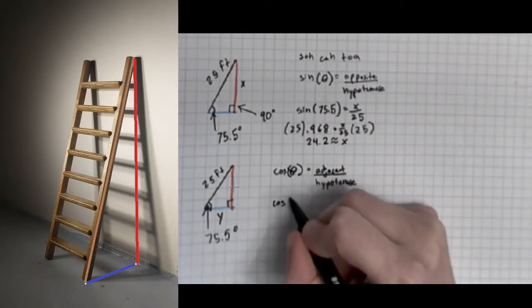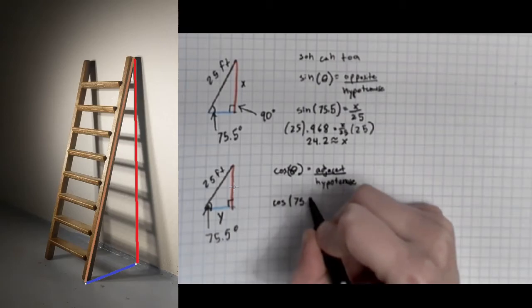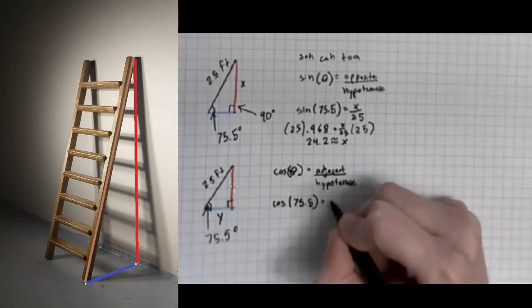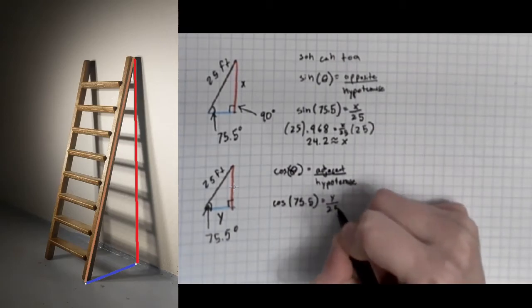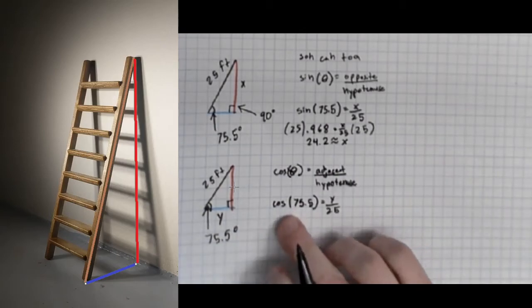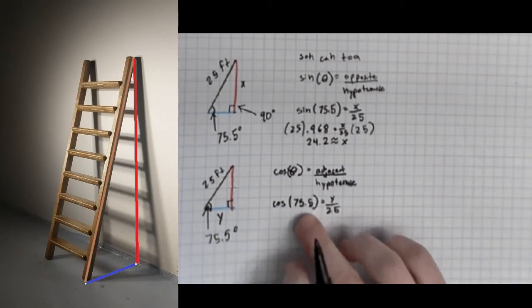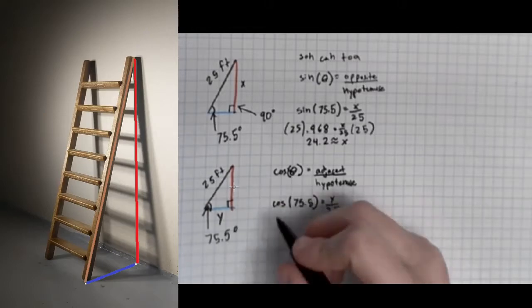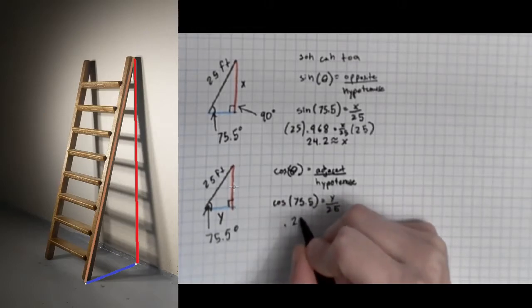Cosine 75.5 equals y over 25. So take out your calculators and do cosine of 75.5. The cosine of 75.5 is about 0.25.